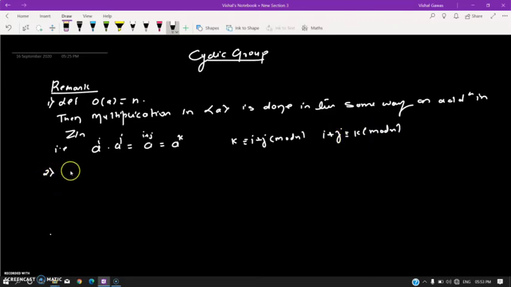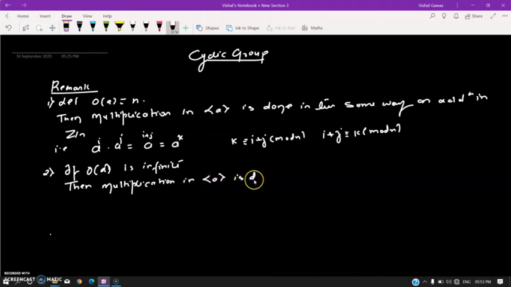Similarly, if the order of A is infinite, then multiplication in A is done in the same way as addition in Z, right?